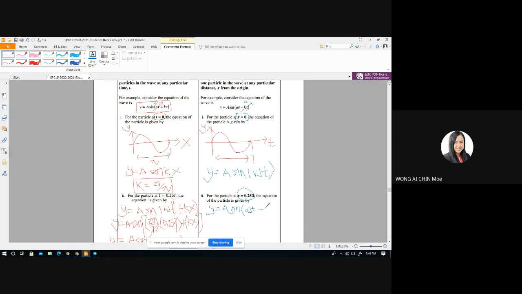Just now k equals 2 pi over lambda, and for x you substitute 0.25 lambda.